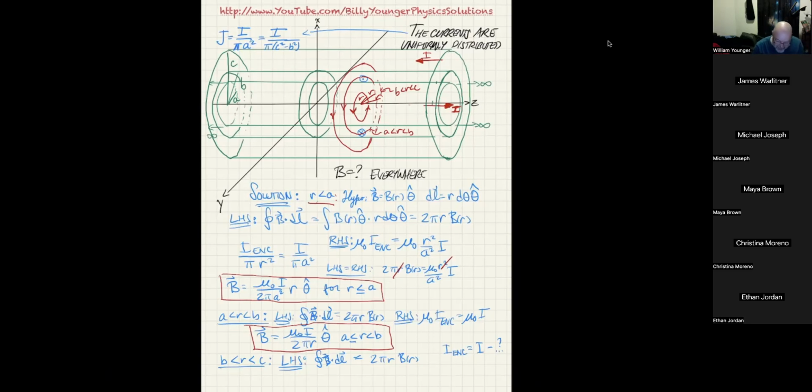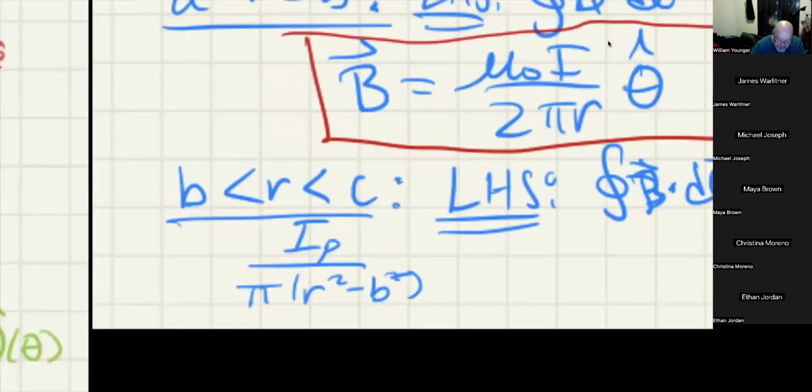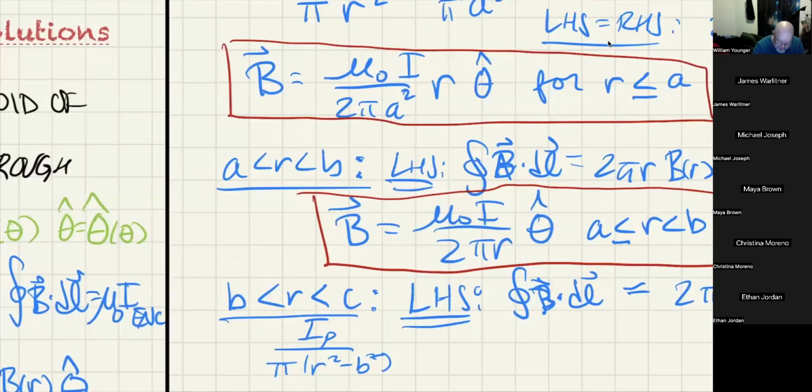And in fact, I have to use the fact that the current is uniformly distributed to reach the conclusion that I part, which I'll just say I sub P over pi R squared minus B squared, because that's how much area. Whoa. I'm going to write it here bigger. That'll help me.